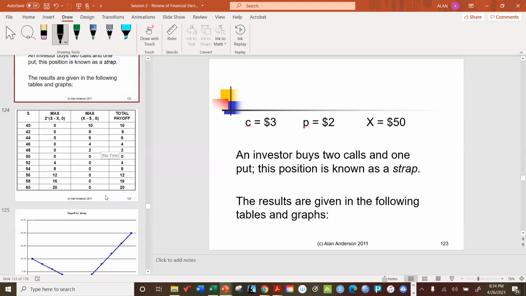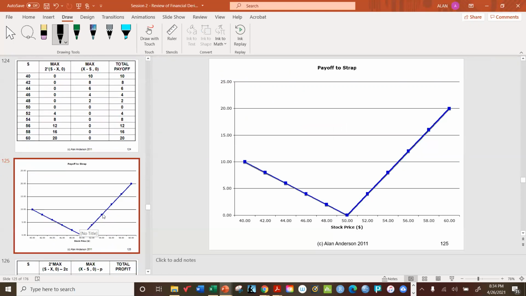Okay, so we can skip over this and, oh yeah, look at that. So the slope here is -1. And the slope up here is 2. That means we're making $2 every time the stock price goes up $1, or we gain $1 when the stock price goes down $1.